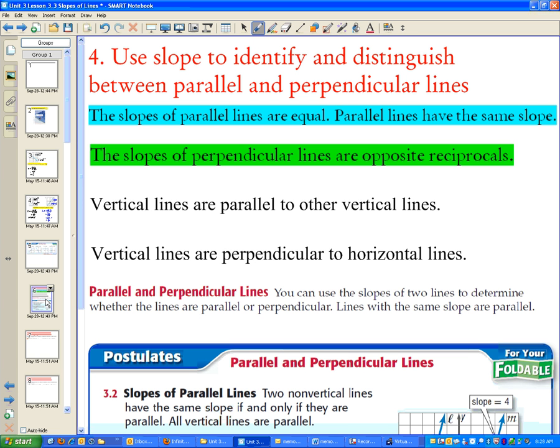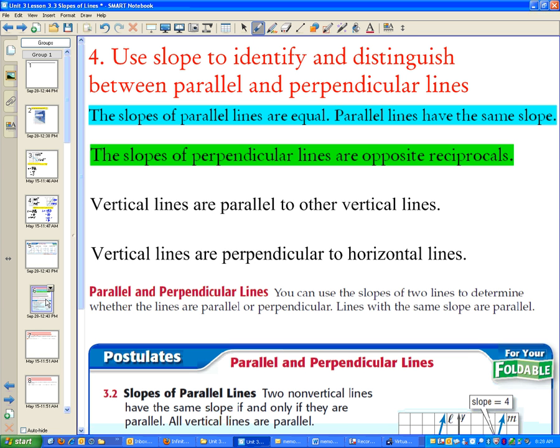The reciprocal of 3/4 is 4/3. The reciprocal of 7/5 is 5/7. The reciprocal of 8, think about it, is 1/8. Okay? So the slopes of perpendicular lines are opposite reciprocals. So 2/3 and negative 3/2 would be a pair of opposite reciprocals.